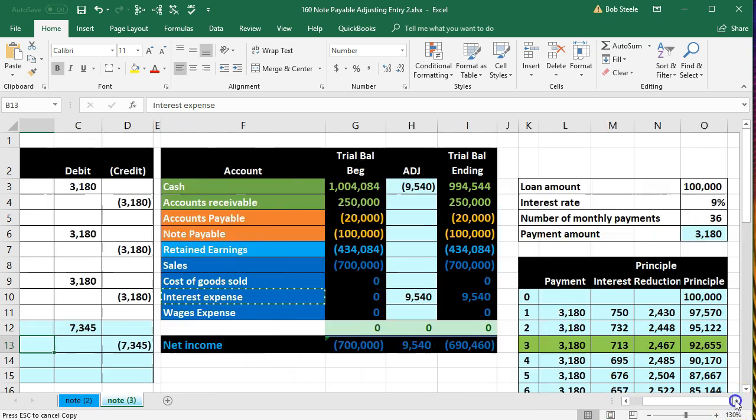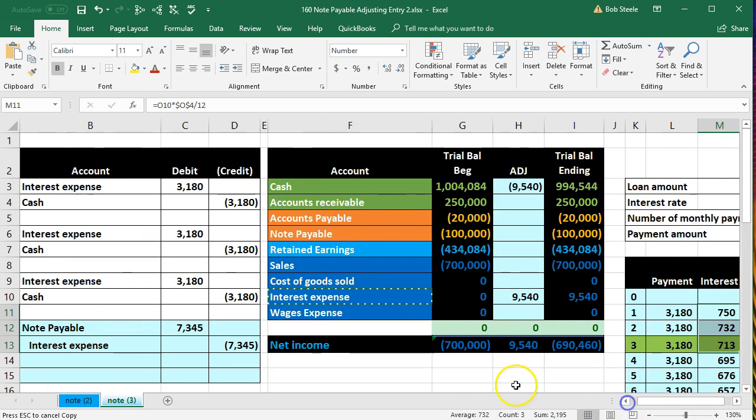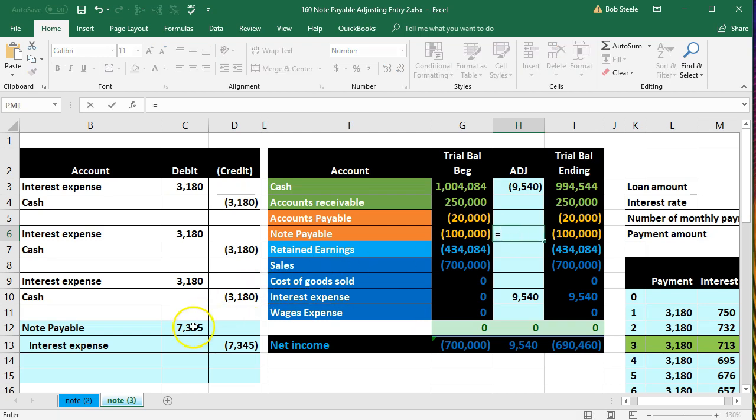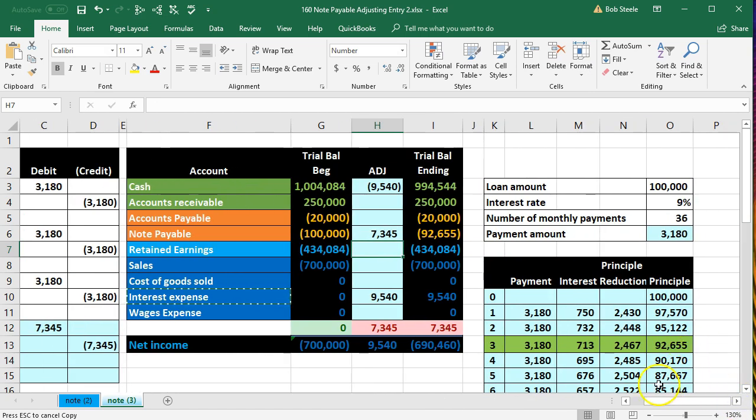What do we think it should do? We think this amount should be here, and this amount should go down to $2,195. So we'll post the note payable. Here's the note payable. We're in the middle column. H6 equals, we'll point to that $7,345, bringing it down to the $92,655.